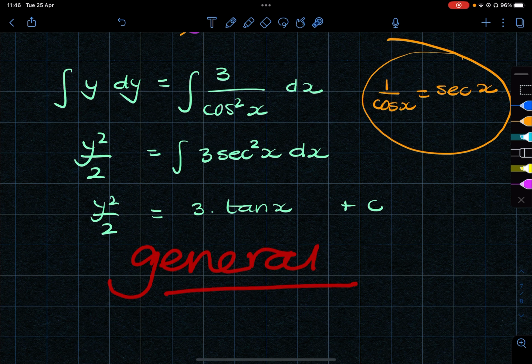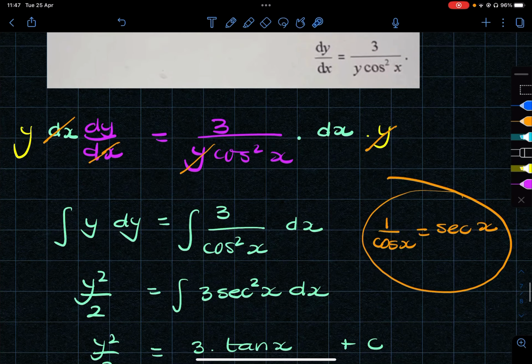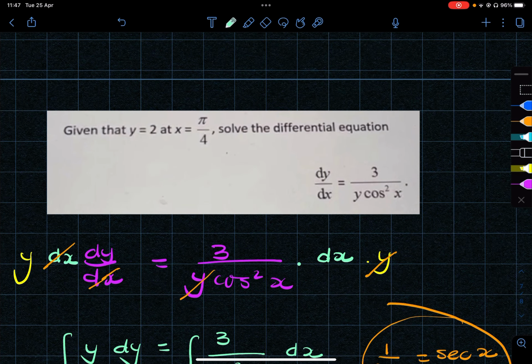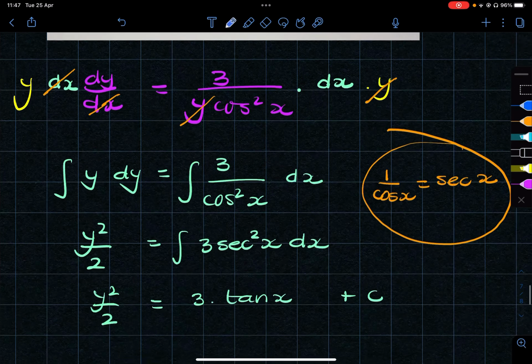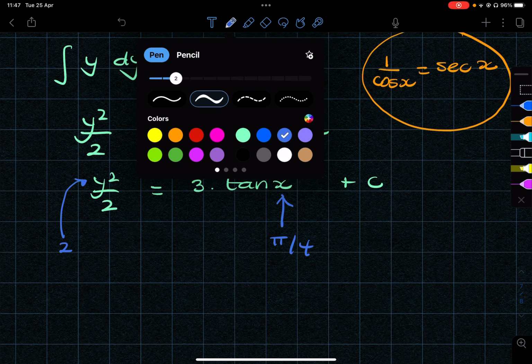Why is it called a general solution? Because we still don't know what the value for c is. So if you plug in the given values of pi over 4 and 2, let's put 2 instead of y, and pi over 4 instead of x.